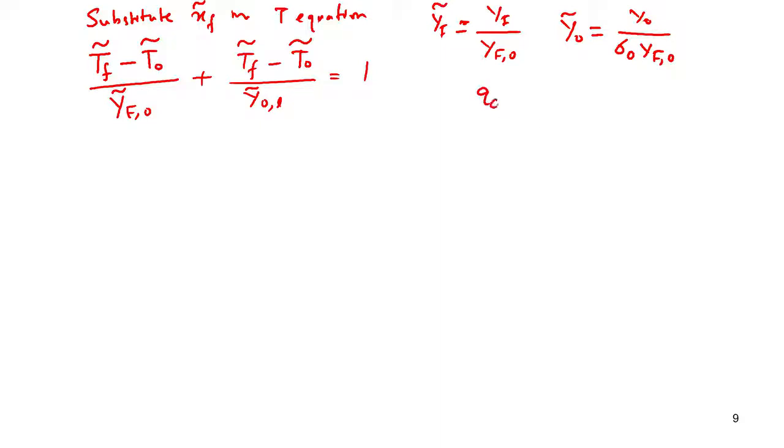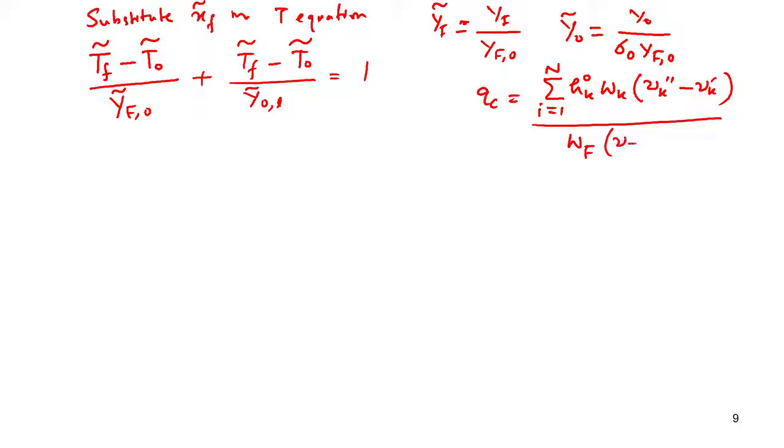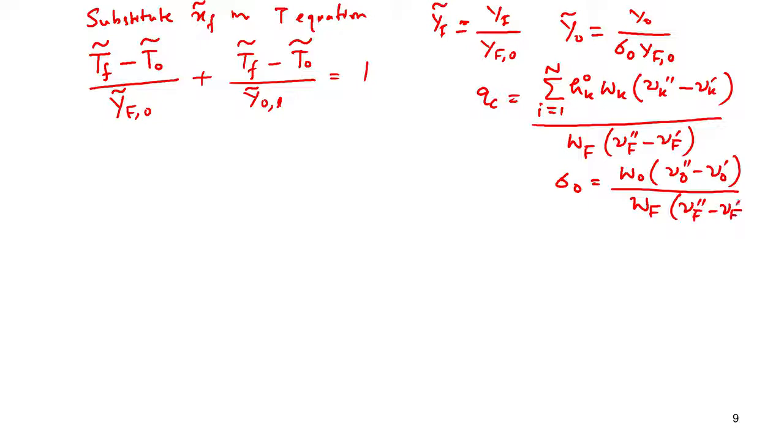And qc is equal to a summation, and essentially sigma 0 is given by w0 times (nu0 double dash minus nu0 dash) divided by wf times (nuf double dash minus nuf dash).